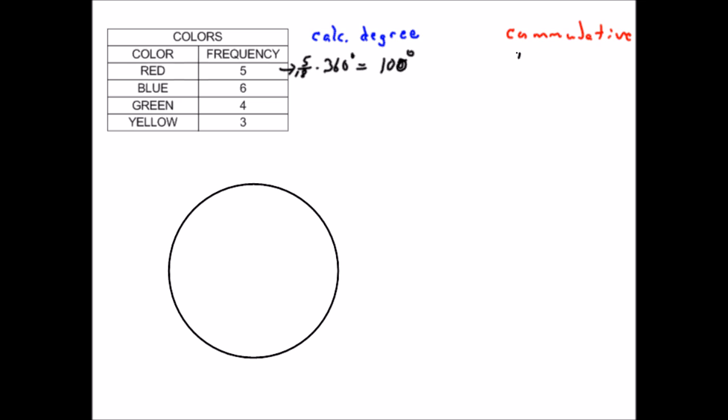Cumulative frequency is at this point 100 degrees. For the next one, 6 out of 18 times that 360 degrees is now 120 degrees. Cumulative 220 degrees.